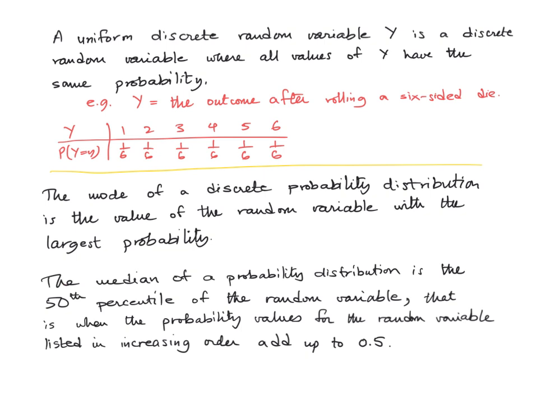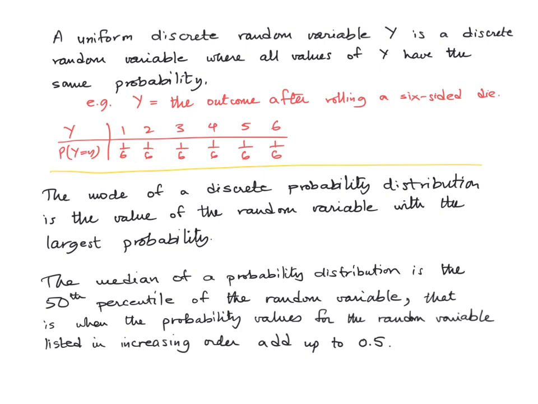The median of a probability distribution, similar to the median of a list of data, is the 50th percentile of the random variable. So what you have to do is list the random variable in increasing order, and then you list their probabilities. So this is an example of that. And then, going from the lowest to the highest, you keep adding the probabilities.